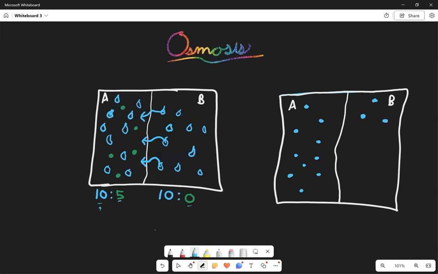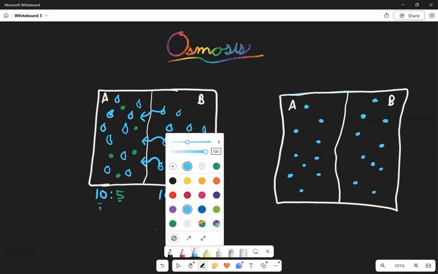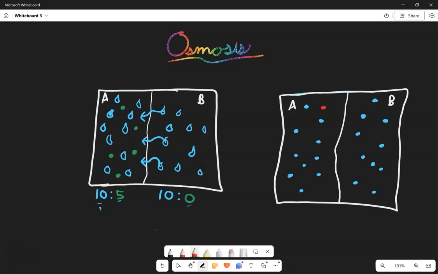And then let's put 4 red things over here, and let's put 2 over here.